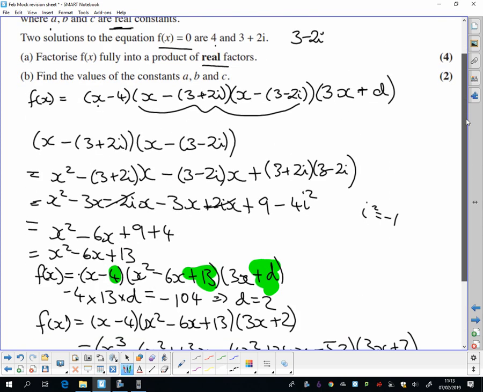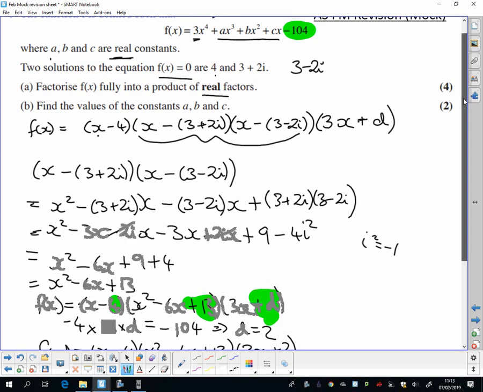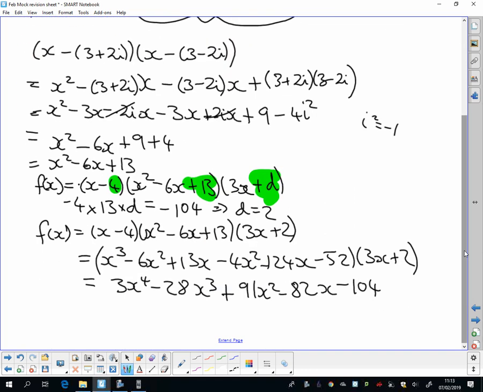So the question said find the values of the constants a, b and c. So a is the coefficient of x cubed, b x squared, c x, etc. So let's make sure we answer the question. Okay, and there we go, we've made sure we've answered the question.